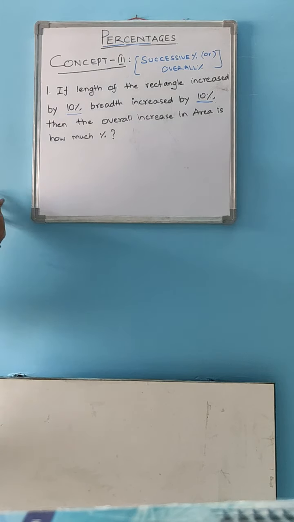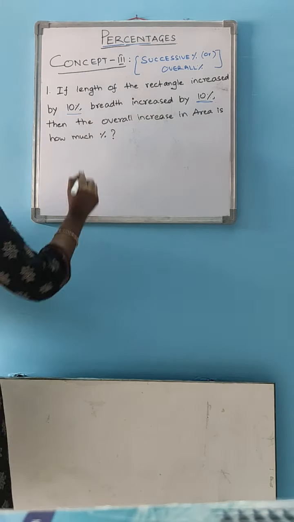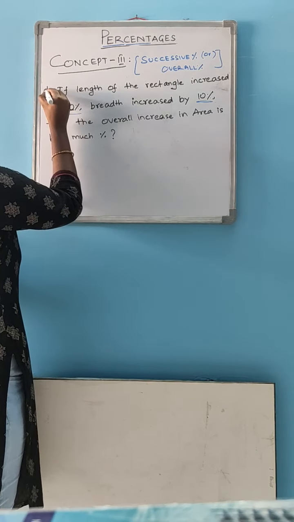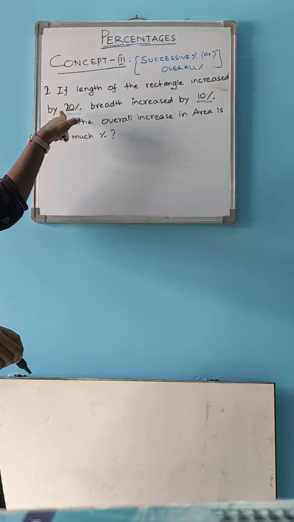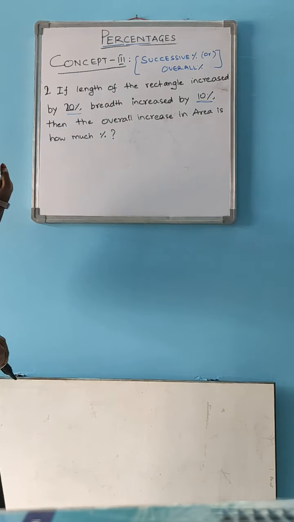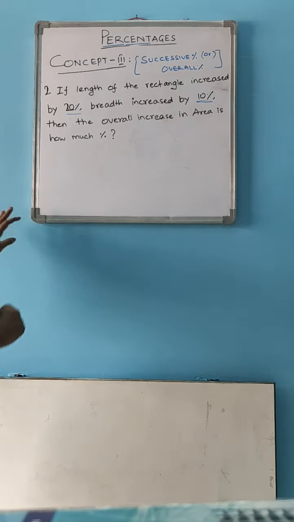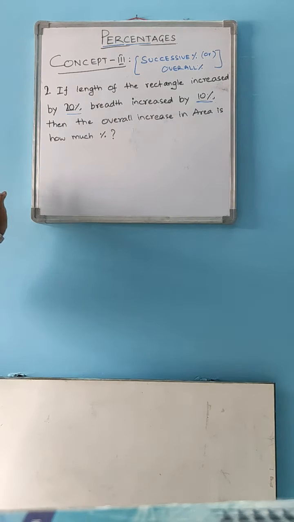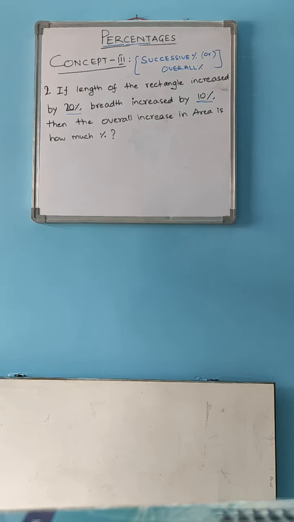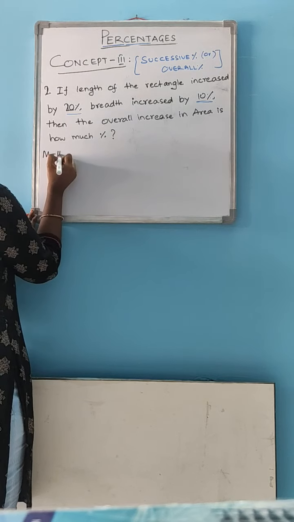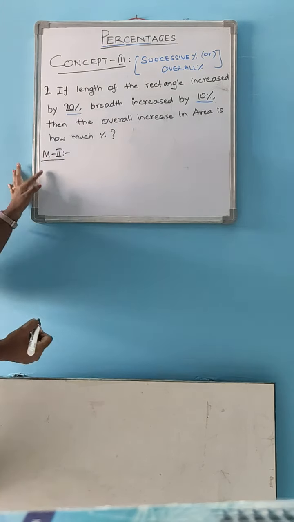Now I will show one more similar example to the previous one. Here it is given as length increased by 20% and breadth increased by 10%. Just to get clarity, once again I am explaining another example. I am going to solve this problem by using the second method and third method, because the first method is a bit lengthy. First we will see the second method.